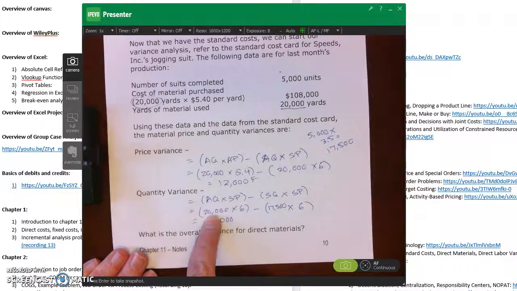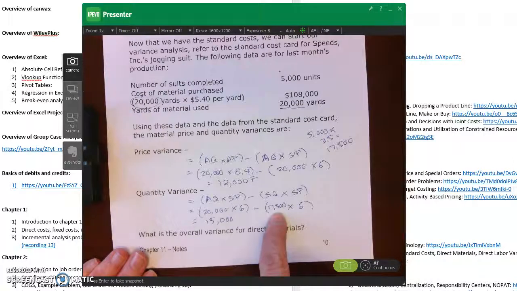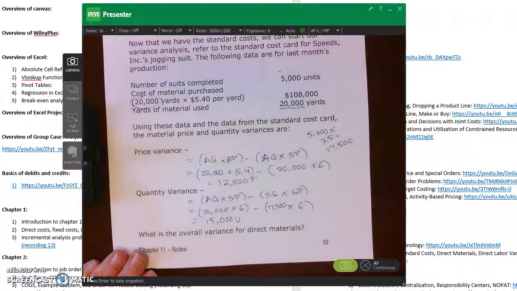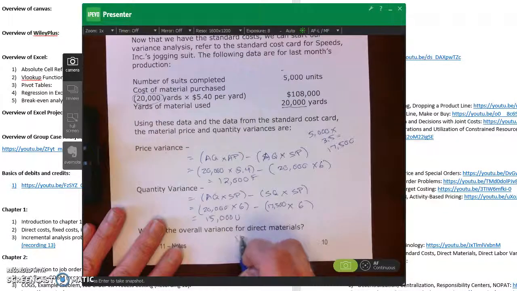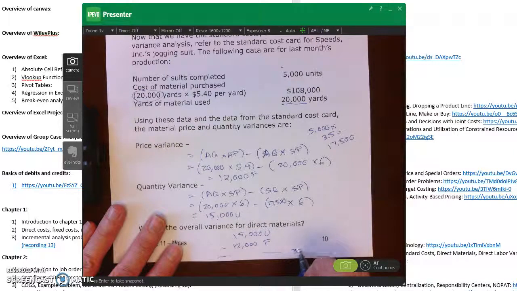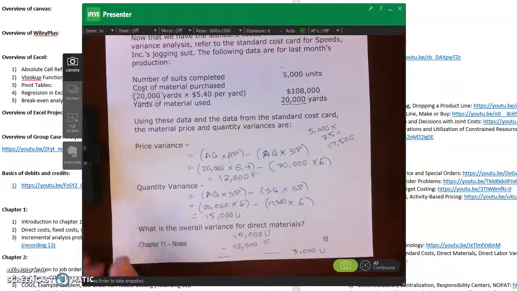I used 20,000 yards. I should have only used 17,500 yards. That is an unfavorable variance. Okay? So what is the overall variance? I'll take my 15,000 U, unfavorable, minus my 12,000 F, gives me 3,000 overall unfavorable on my materials.